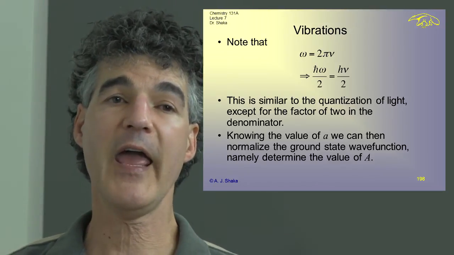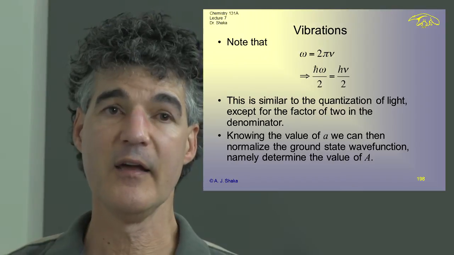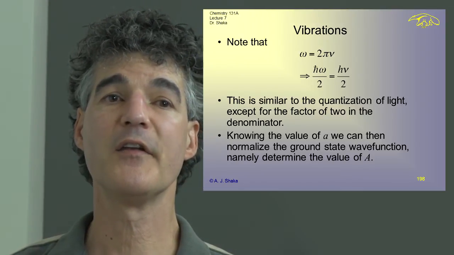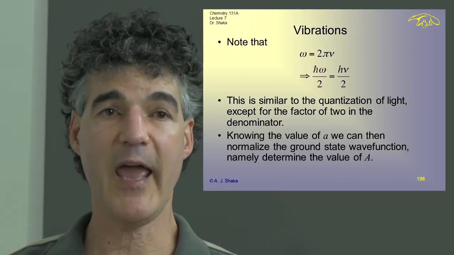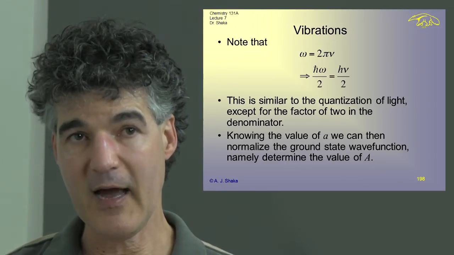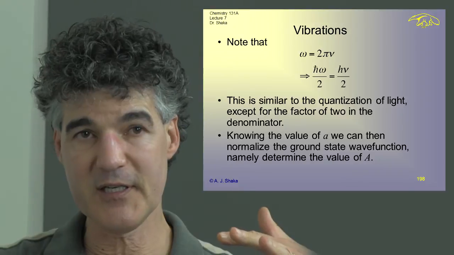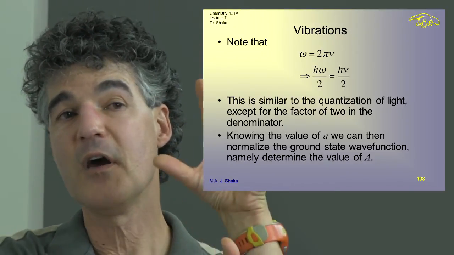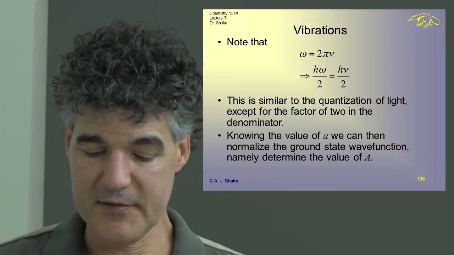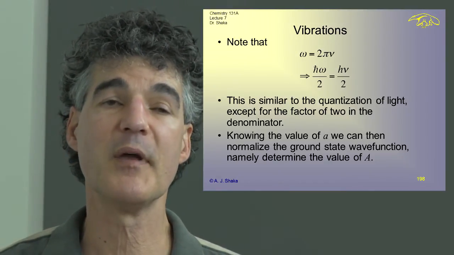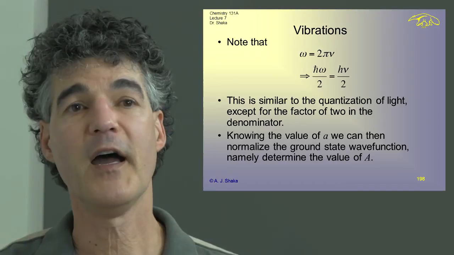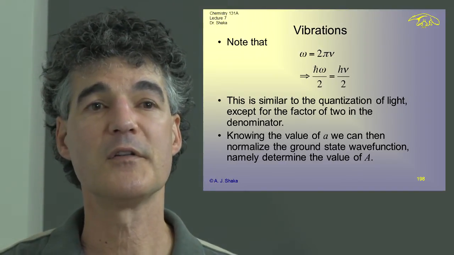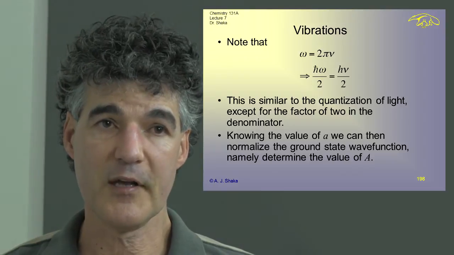Knowing the value of little a now, we can calculate and normalize the entire wave function and determine the value of big A, because now we know how wide this Gaussian function is, we know what area it's going to have when we integrate it, and so we know how big this big A has to be to make the probability of finding the displacement somewhere equal to unity.